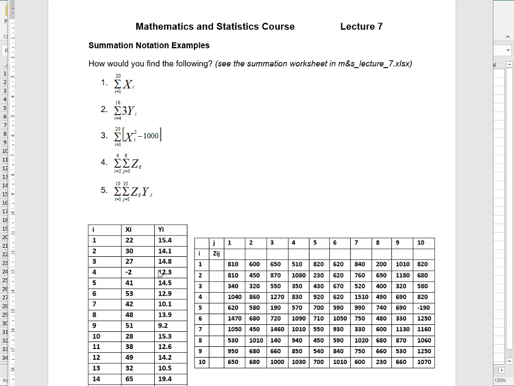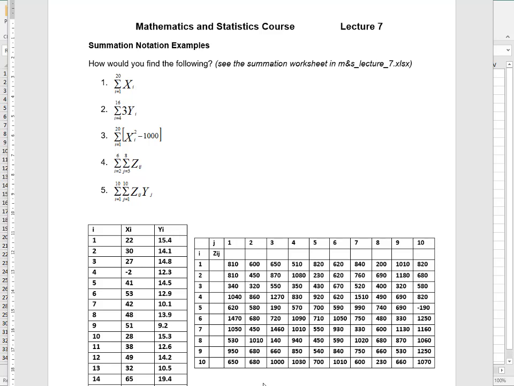So what I've done is I've got some variables here. So I've got variables of xi and yi, and I've also got a table or a matrix of variables of z, so zij. So if I refer to x3, I mean this one here, 27. If I refer to y10, I mean 50.3.